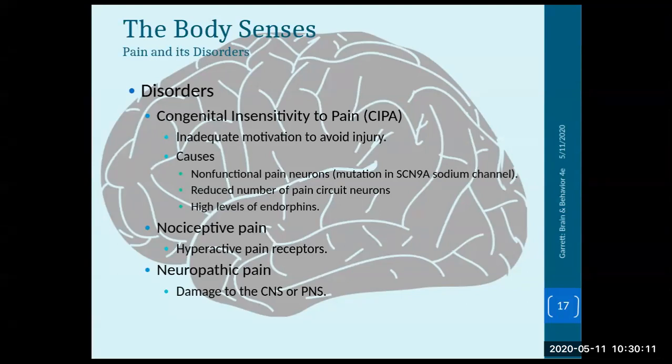Sometimes we have what we call neuropathic pain when there's been damage to the CNS or to the peripheral nervous system. A lot of times neuropathic pain is seen in the form of amputations because, as we talked about in, I think it was chapter 3, sometimes in the motor cortex, if you lose a limb, the neurons can rearrange and take over more of that area.